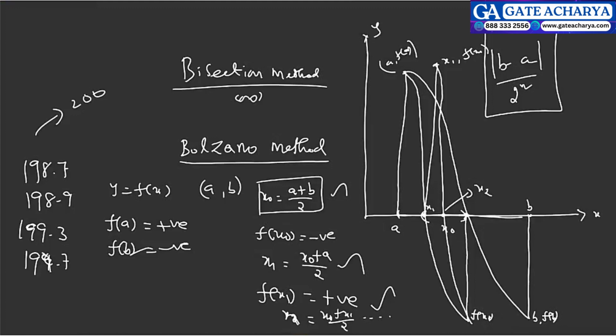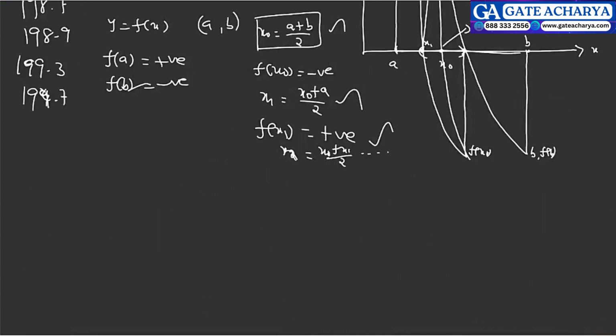Okay, find the root of f of x is equal to x cube minus 2x minus 5 using the bisection method, in the third stage value.